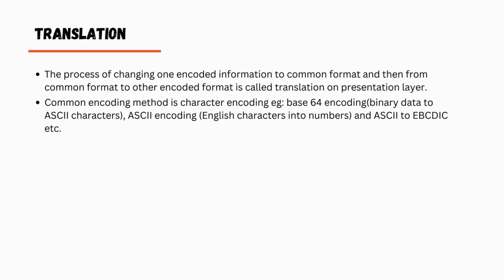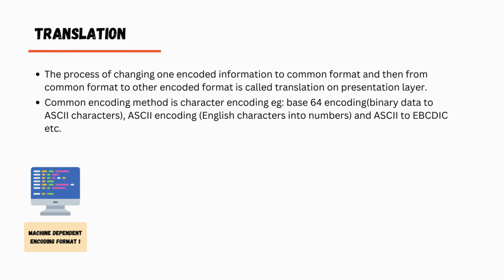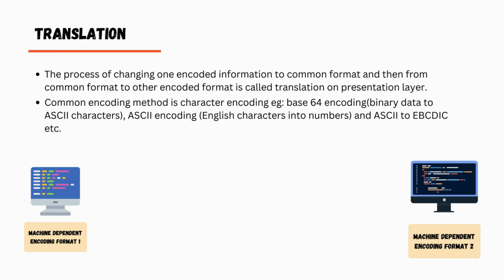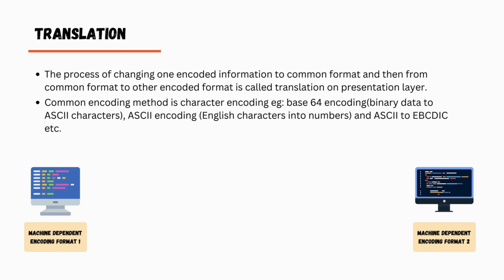Now, here let us suppose we have one PC which has its own machine-dependent encoding format, and we have another machine which has its own machine-dependent format too. Now, let us suppose the machine with format 1 is our sending machine and the machine with format 2 is our receiver machine.